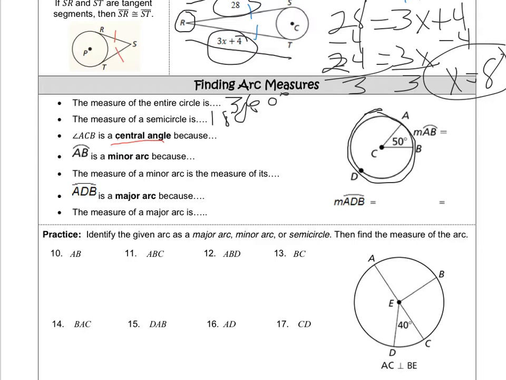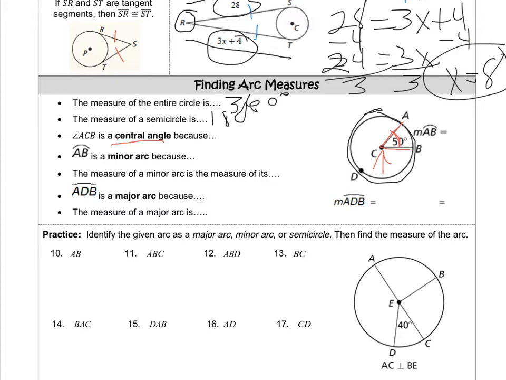They're talking about the angle that is formed right here at point C. Why is that a central angle? Isn't point C the center of the circle? Yeah. So that angle being formed there is a central angle, and since I said it's 50, that angle would be 50 degrees.